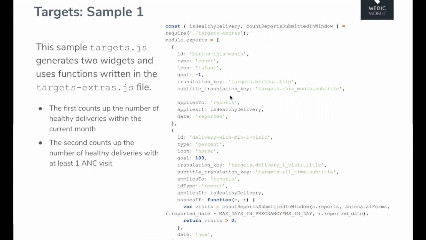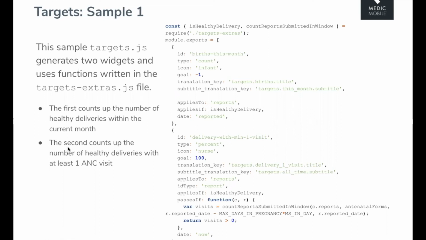You could have a subtitle, which would be in the subtitle translation key property, depending on how this widget has been designed. And it applies to reports, which would be the delivery reports, and applies if this function. So this is a function that's defined elsewhere, which is in the targets-extras. And then the date, which would be reported, which is the current month.